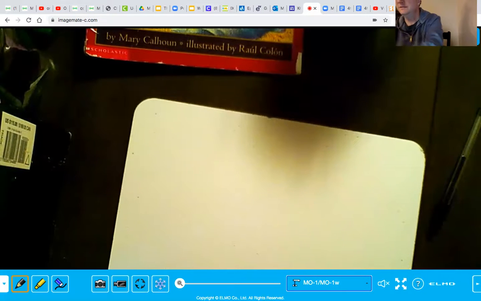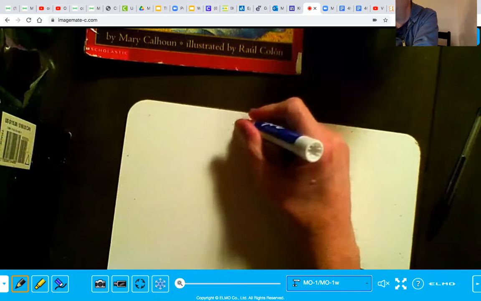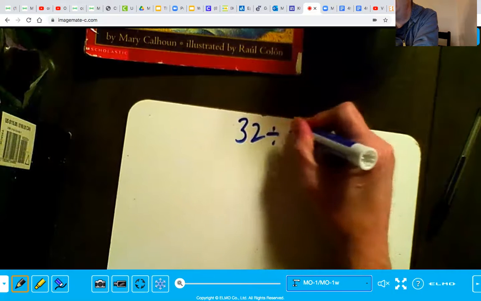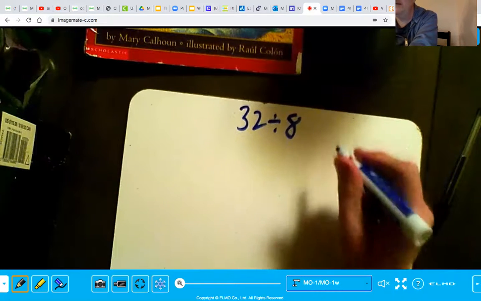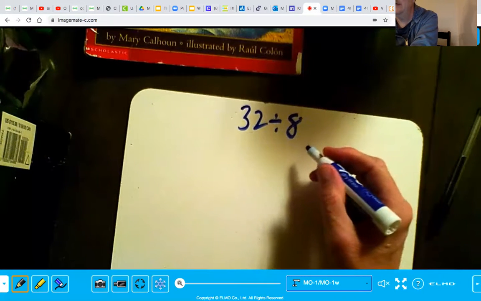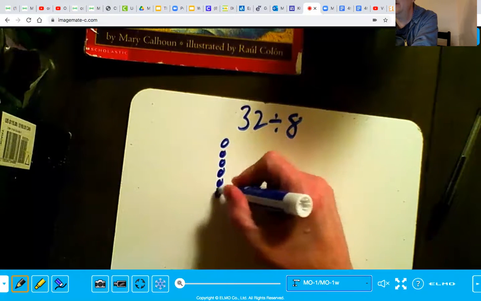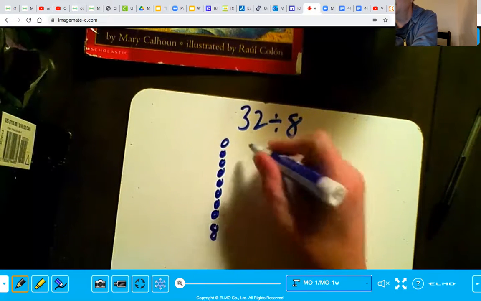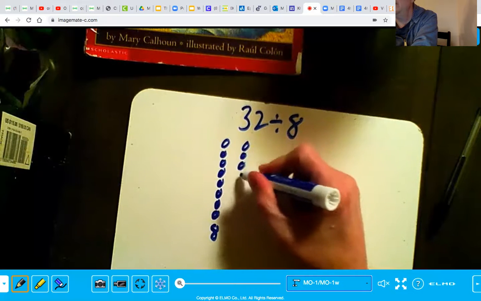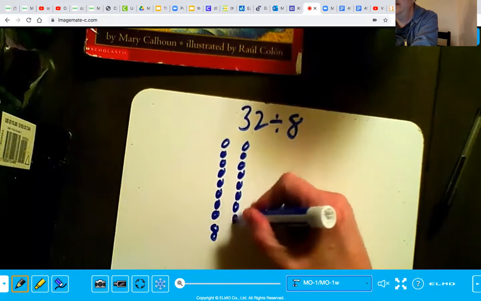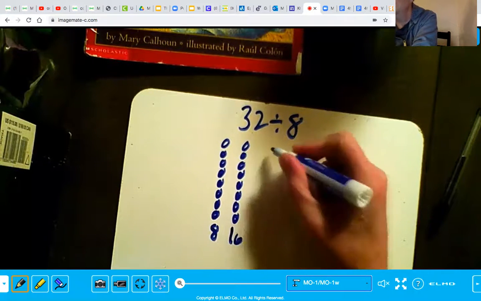Let's try another one like that. Let's do 32 divided by 8. So let's make groups of 8 until we get to 32. 1, 2, 3, 4, 5, 6, 7, 8. Another 8. 8 and 8 is 16.